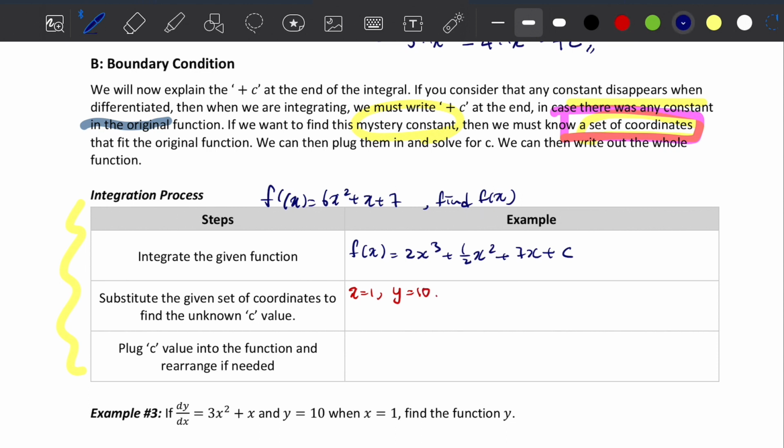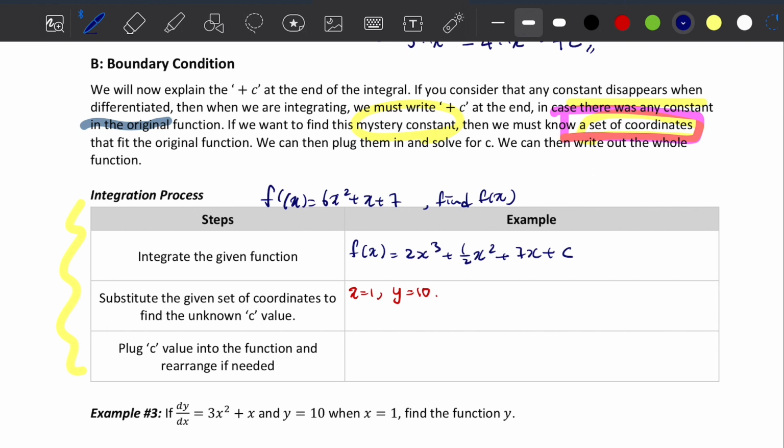Once again, you will either always have the set of coordinates to use to find the last part, or you will have to calculate those coordinates to find the constant prior to doing any of the integration process. So it really depends on how the question is set. However, to find that unknown c value, you always have to use a set of coordinates.